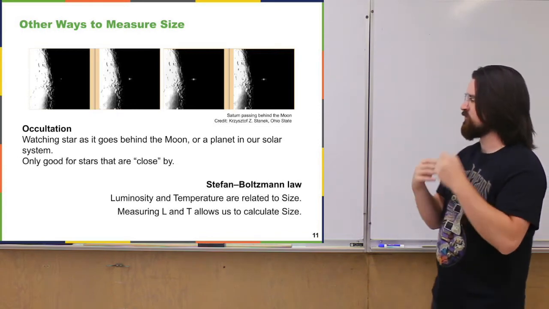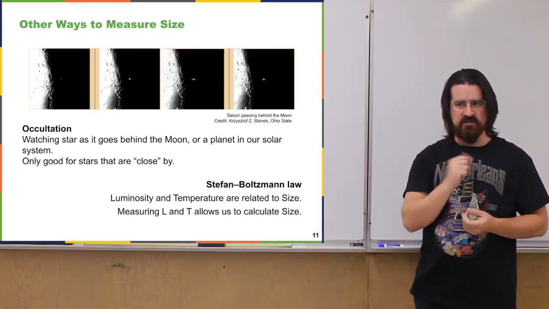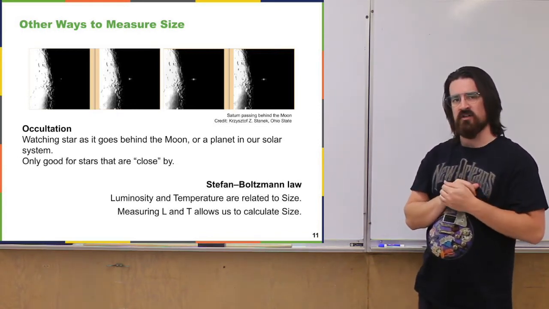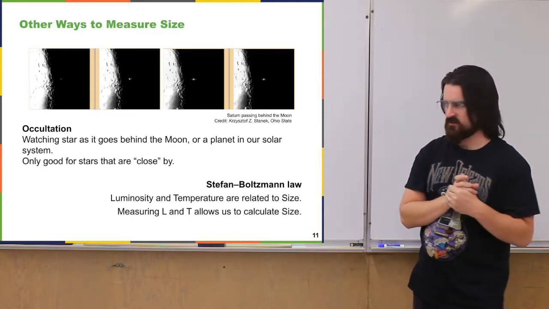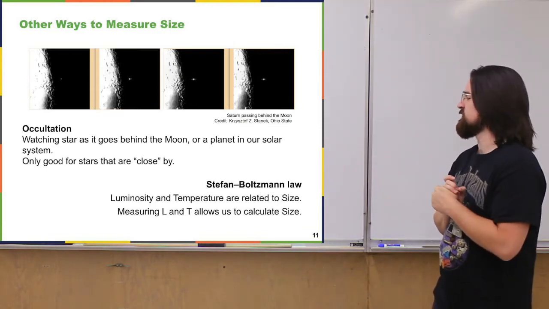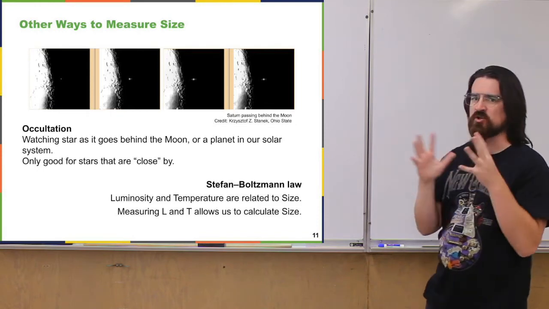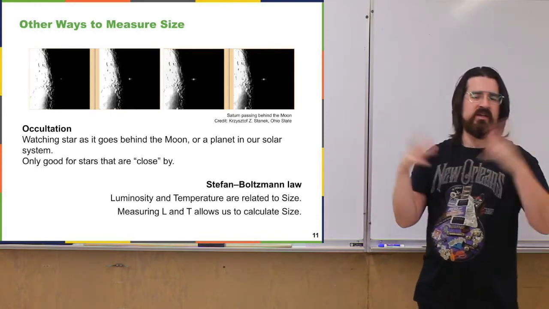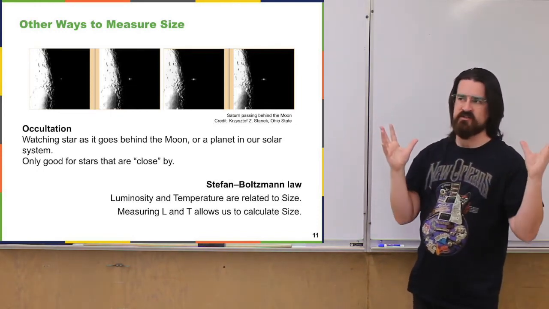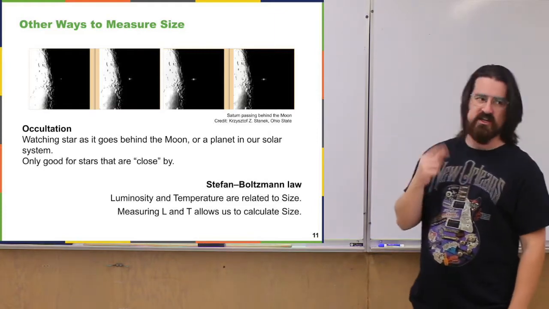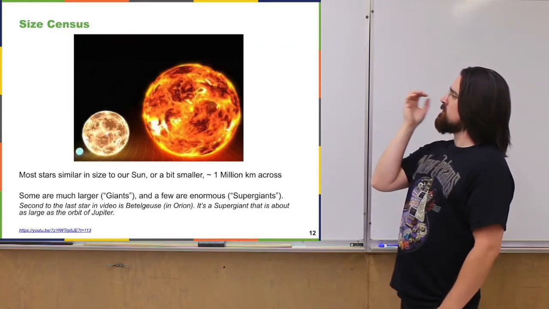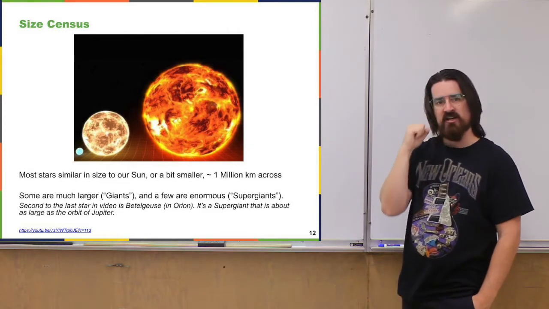So if we know the luminosity and can measure the temperature of a star, we can tell how large it is because of this Stefan-Boltzmann law. And it just has to do with how objects radiate energy. They give off energy. This is another way we measure the size of a star. So here we are again, sort of a census of sizes.